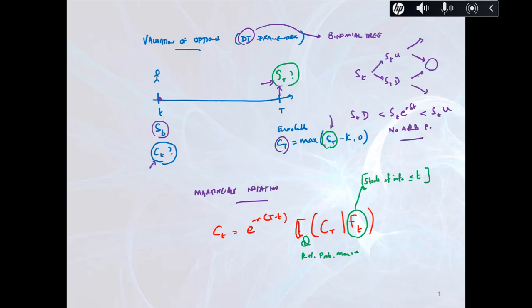So now we've seen the Martingale notation here, and that's why for the continuous time framework, we'll be using that same Martingale approach. The only difference is that the construction of S_t from time t up till the time to maturity will be different. We won't be using the binomial tree.